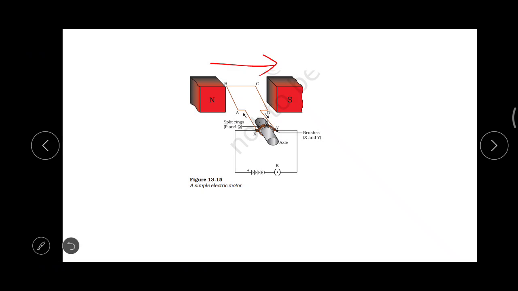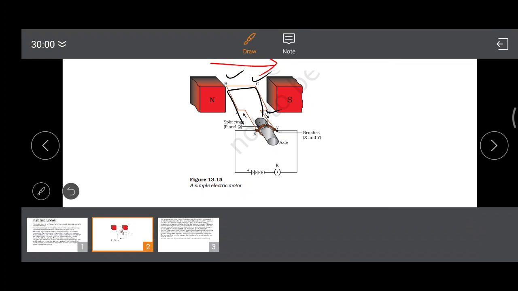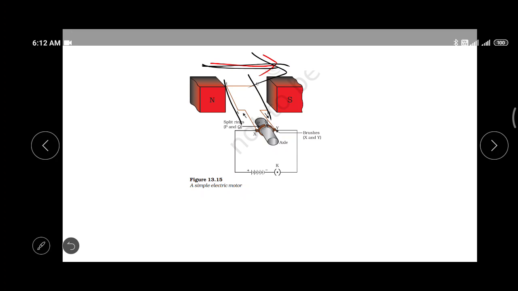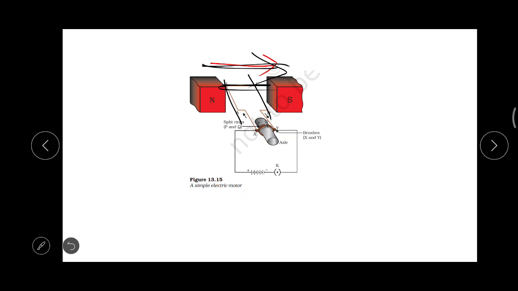Then here, this is the loop A, B, C, D. You can see the arms AB and CD are perpendicular to the magnetic field, whereas BC is parallel to the magnetic field.